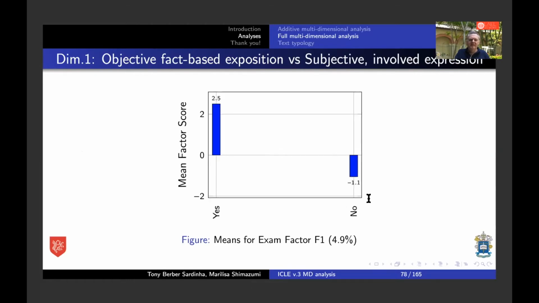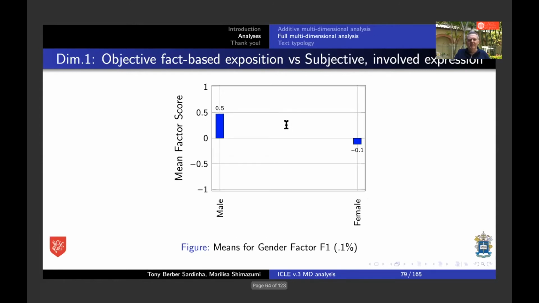Whether the texts were part of an exam or not, small effect. But it's interesting, if the students are in an exam situation, they'll tend to write more objectively, but again, there's lots of variation. For genders, there's no difference between males and females.